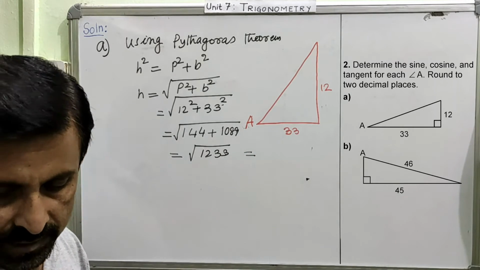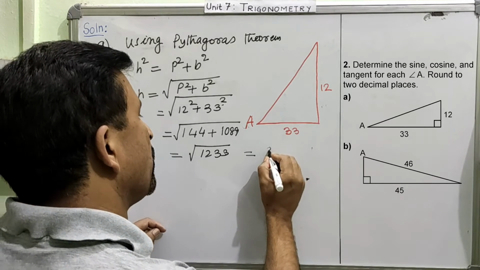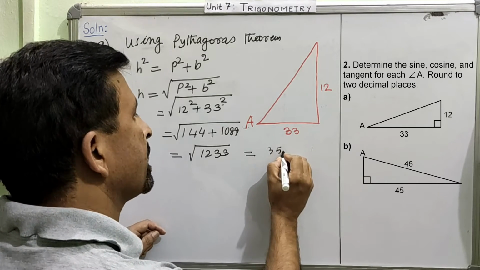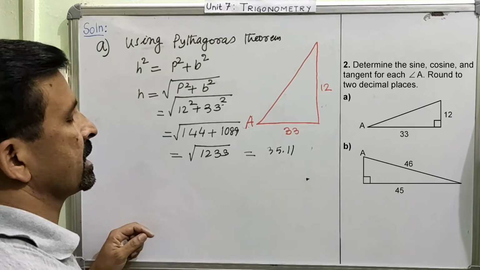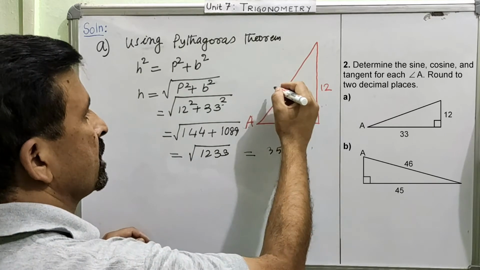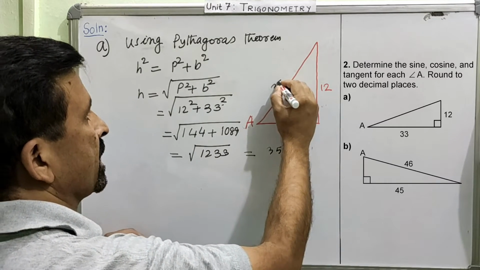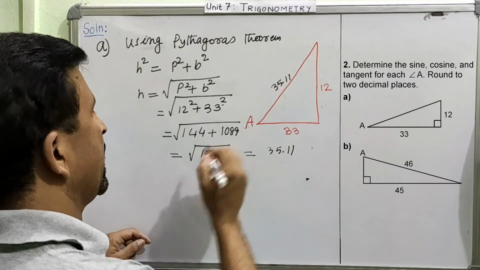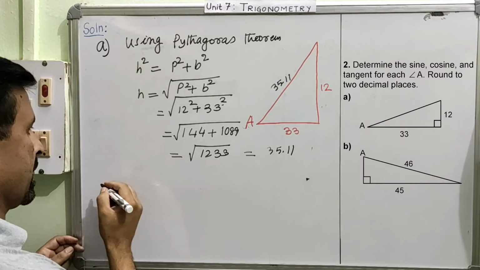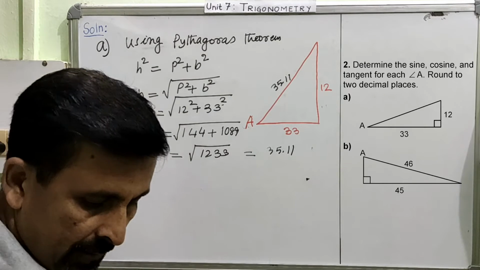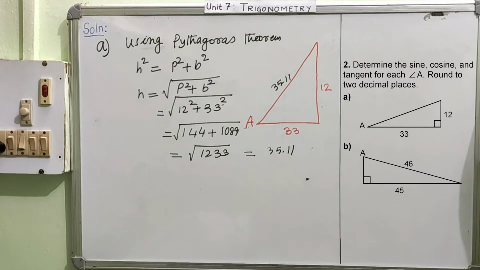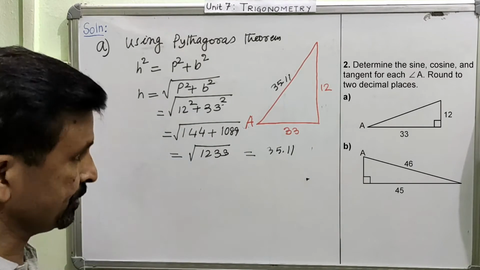And the value of this is coming as 35.11. This is the value of your hypotenuse. Your hypotenuse is calculated to be 35.11. And now we can find all the three trigonometrical ratios.